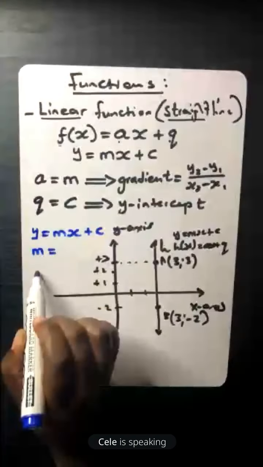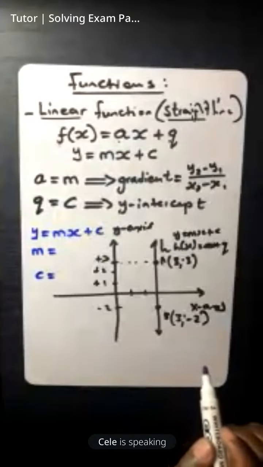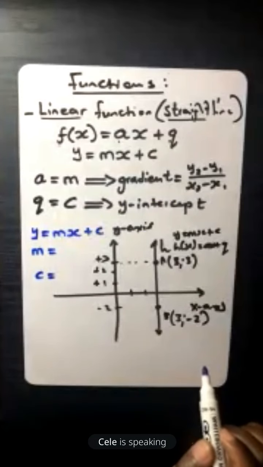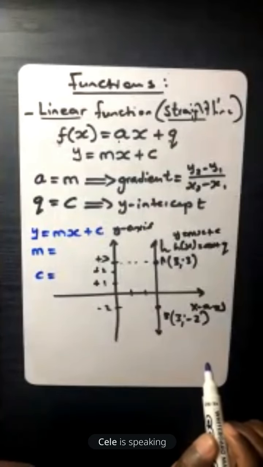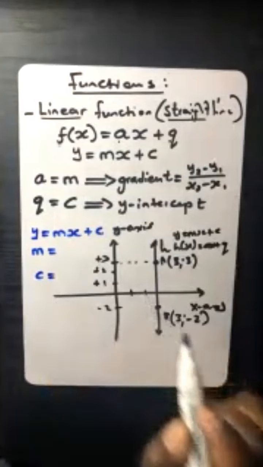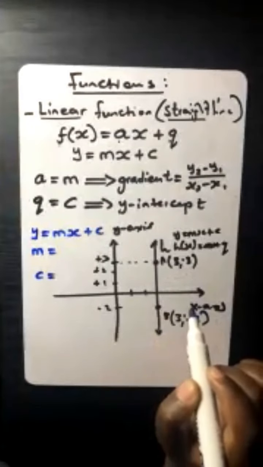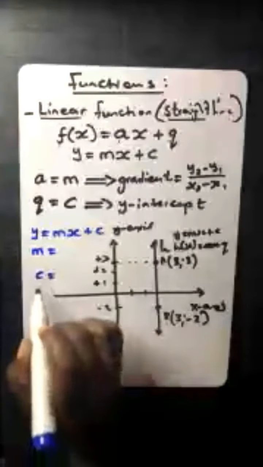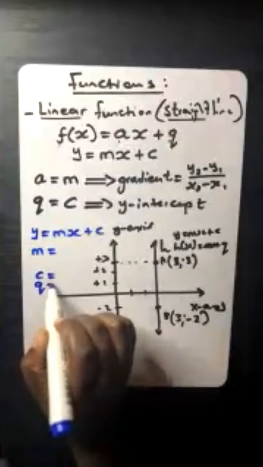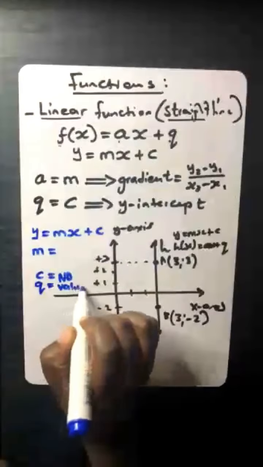Sir, is it possible to solve the y-intercept because there's no connection from the graph that you have shown us now? So, Sihle, that means no C value, no Q value. So, you cannot solve, you just say no value.